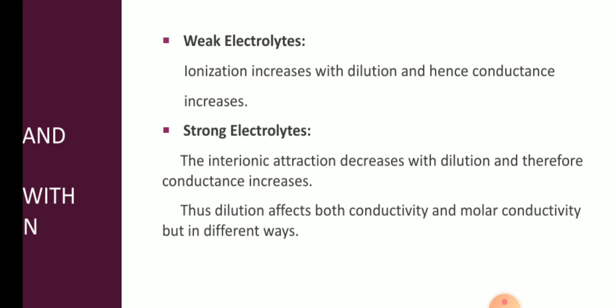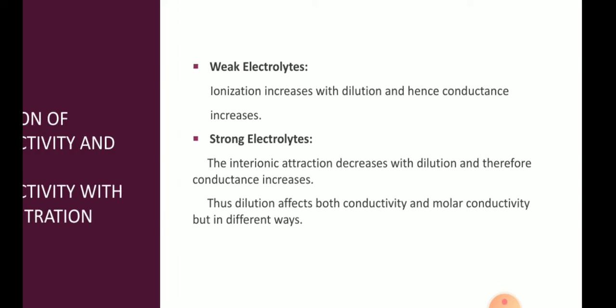In strong electrolytes the ions are already many, so it has greater conductance, but as the ions are held closely with each other, the interionic attraction is large. On dilution the interionic attraction decreases because ions go far apart from each other. Thus dilution affects both conductivity and molar conductivity, but in different ways.